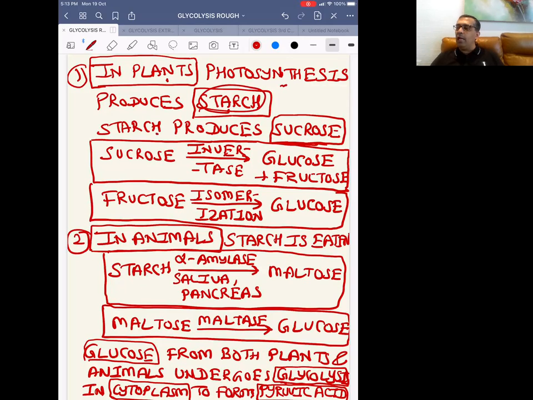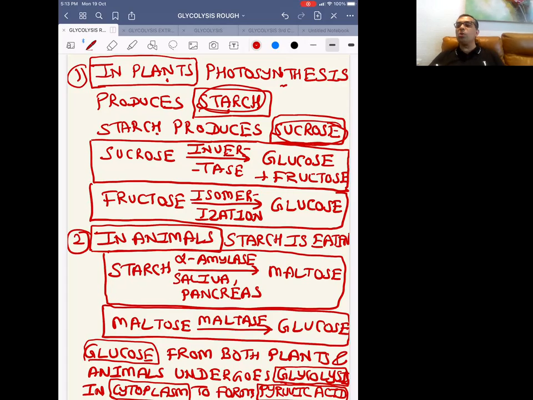So plant में जब respiration होता है, what is produced by photosynthesis? Starch. But starch during respiration becomes sucrose.